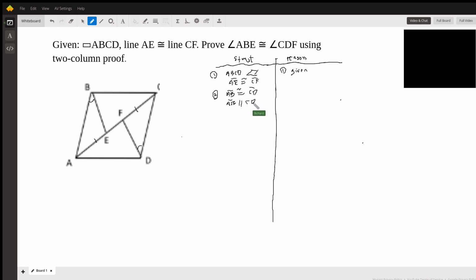These are just properties of the parallelogram. Okay, so now I can go ahead and mark these. These are congruent here, and they're also parallel, so I'm going to put parallel markings on them.